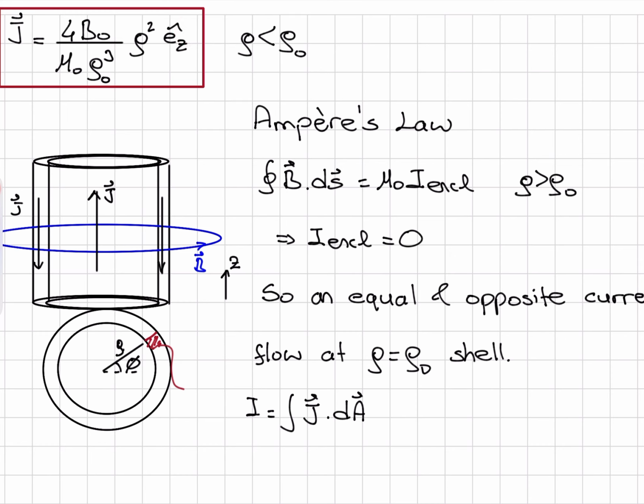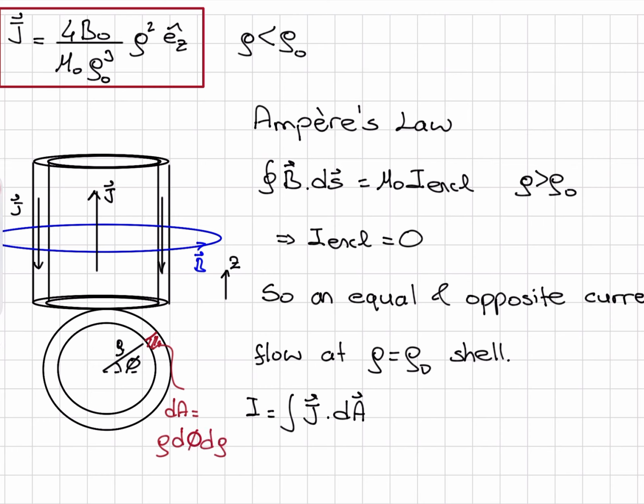For a cylindrical shell, we have a small differential area dA given by rho d phi multiplied with d rho.